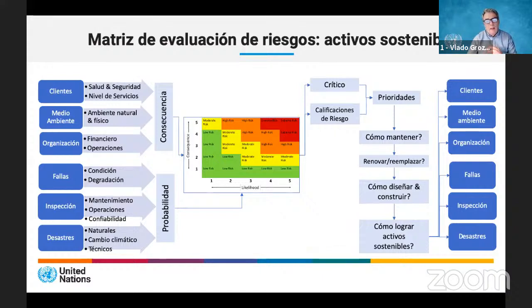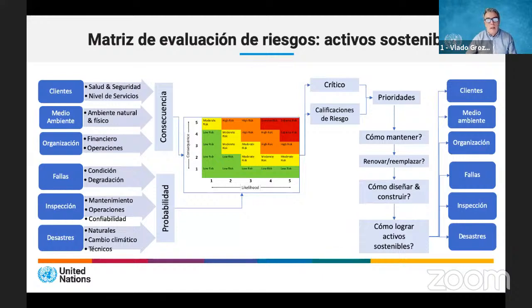For probability of failure, the input data is the condition, the depreciation or degradation of the performance of the asset, the regular inspection of the assets, which means what the historical maintenance was, and the operation cost, have they been increasing? If they increase, that is a sign for us that our assets are slowly deteriorating, and this is increasing the likelihood or probability of failure. Also, external factors like natural disasters, climate change and technical failure.